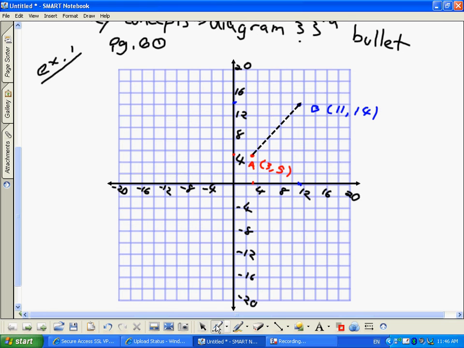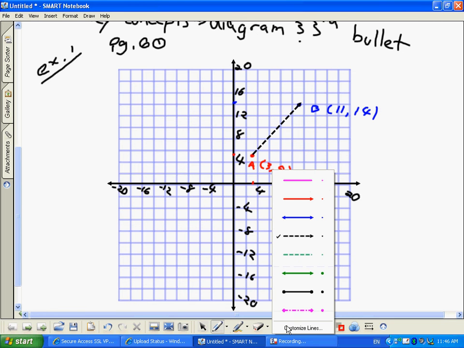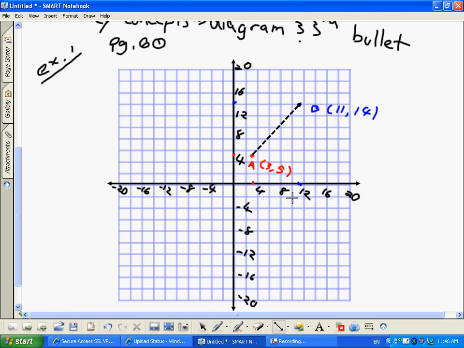So, first one, if I come across here, and that line, and that line, we can tell the distance of the lines are going to actually equal the rise and the run.